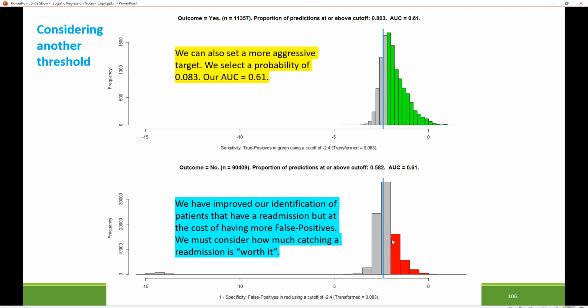And going up a couple points wouldn't make a big difference on our false positives as well. It's kind of that middle spot where we have a higher density or higher frequency of our predictions. That's kind of where the sweet spot is in terms of the more we move that threshold, the bigger the impact it's going to have on your true positives and your false positives.